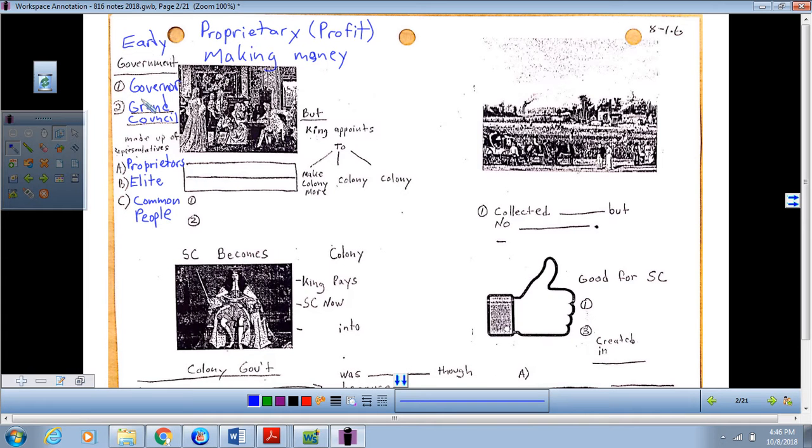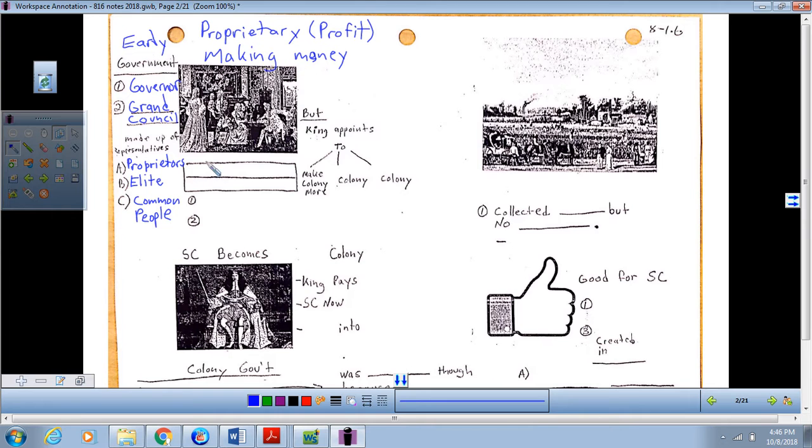Now, the government of the proprietors, or the proprietary government of the Carolinas, did not go extremely well for both the proprietors and the colonists that lived in the Carolinas.